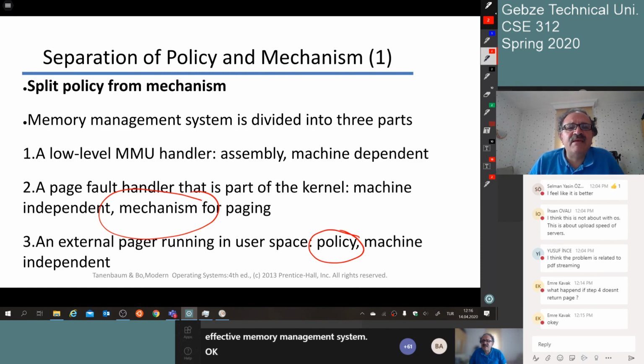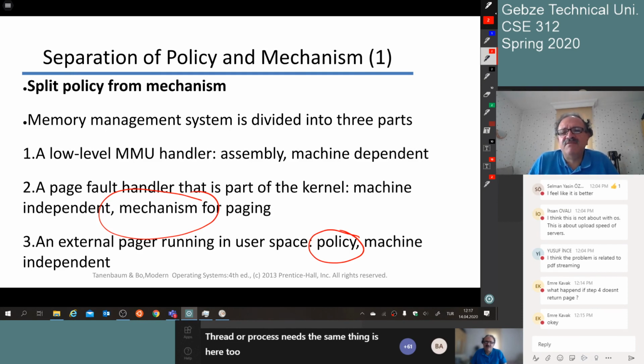We had the same idea of separating policy from mechanism when we did process scheduling or thread scheduling. If I let the kernel do both the mechanism and the policy of process or thread scheduling, it will do a good job, but it will not be flexible enough to meet my special thread or process needs. The same thing is true here.